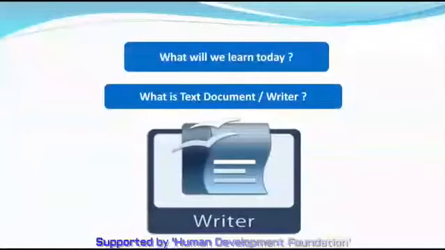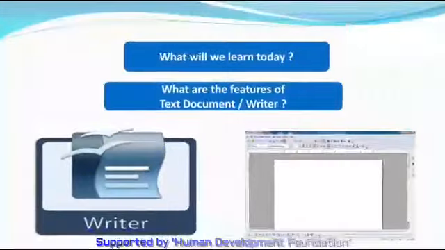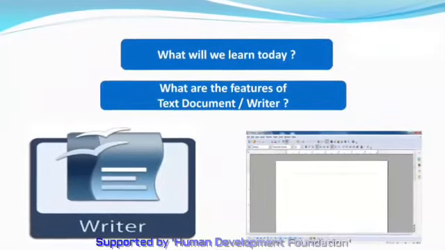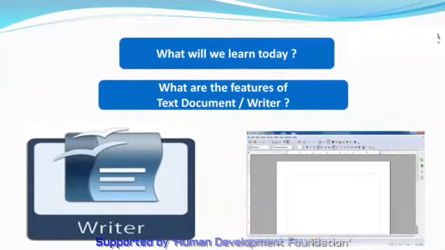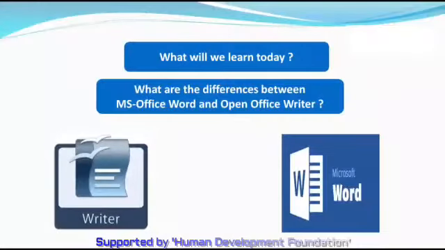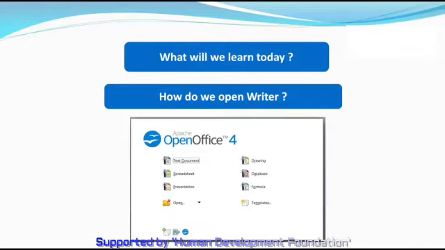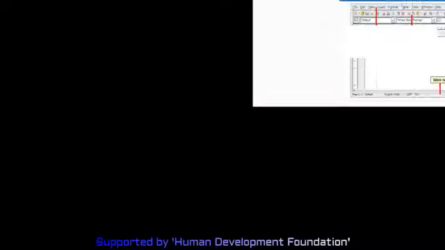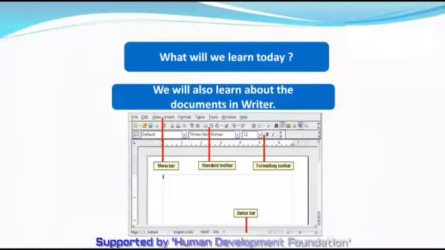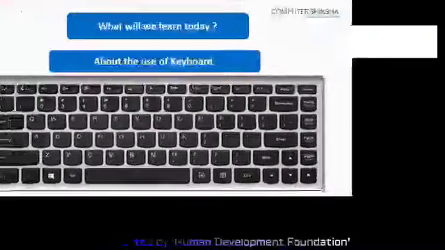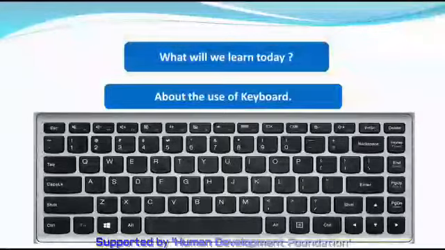What we will learn in today's class is what is text document or Writer, what are the features of text document or Writer, what are the differences between MS Office Word and OpenOffice Writer. How do we open Writer? We will also learn about the documents in Writer and about the use of keyboard.